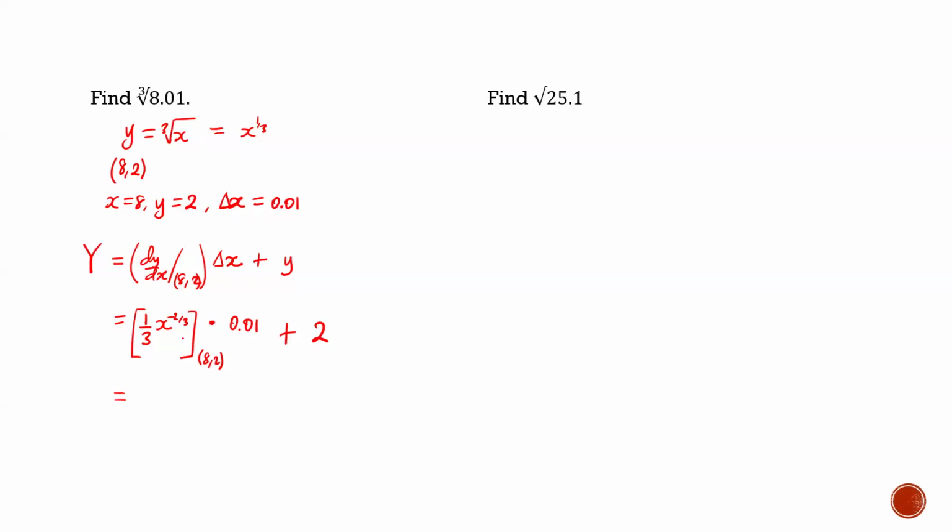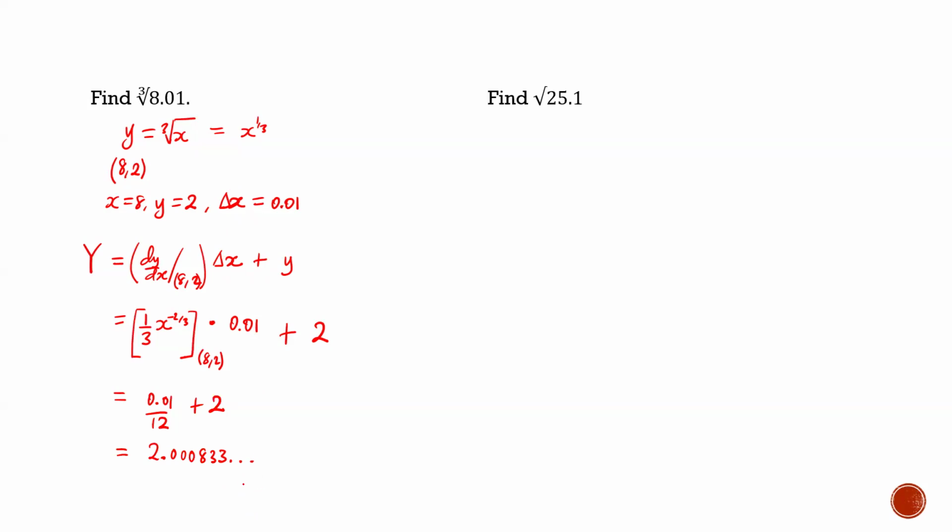Once we do that, we're going to get a 12 when we multiply that with a third. 8 to the power negative 2 out of 3 is going to be 1 out of 4. So this will give us 0.01 out of 12 plus 2, which is 2.000833 with the 3 recurring.